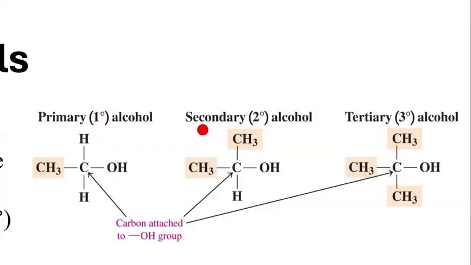A secondary alcohol, which can be shown by this 2 in the little circle, is classified based on the carbon atom that is holding the OH being connected to 2 carbon chains. Lastly, alcohols can be classified as tertiary because the carbon atom that is holding the OH is connected to 1, 2, 3 carbon chains.